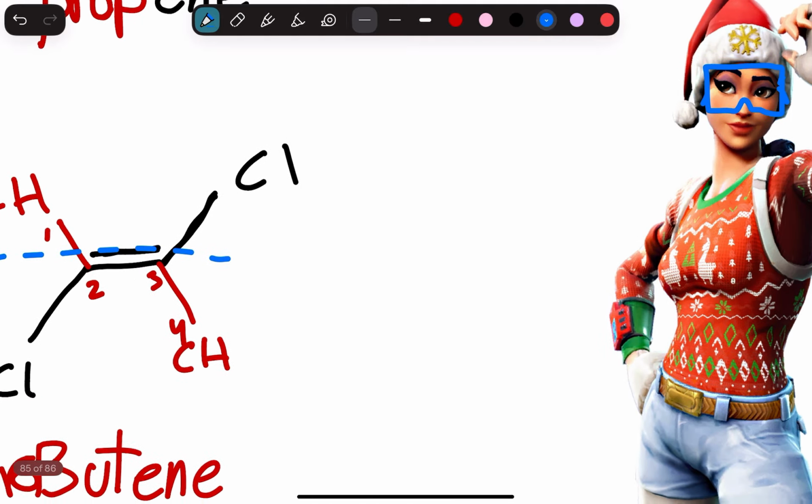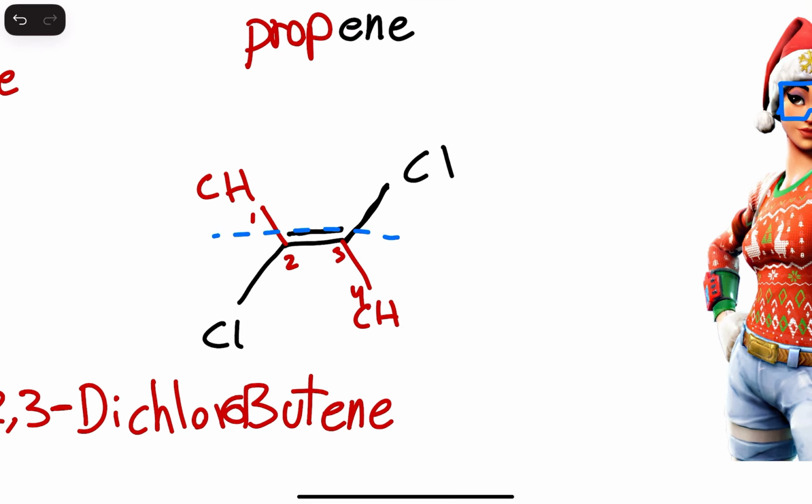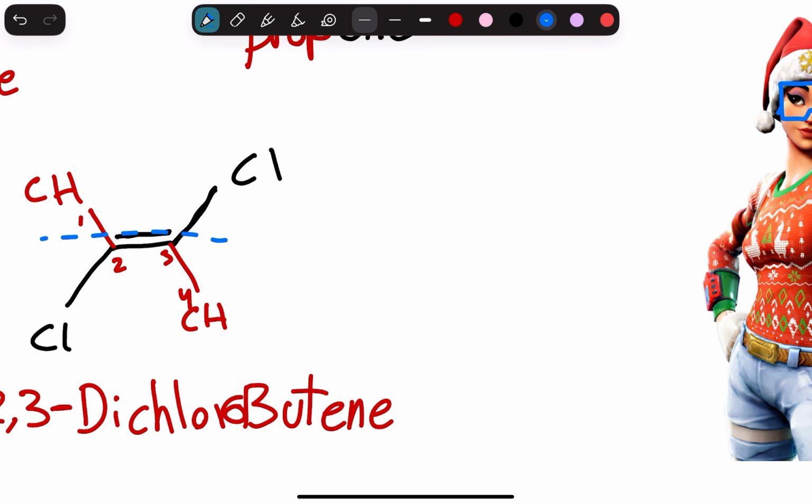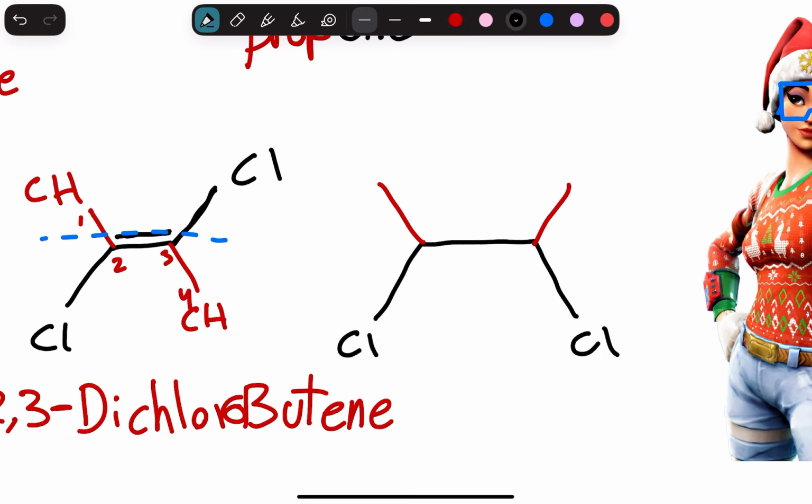And so if we do another example, it would look something like this. Our chlorine atoms are here and then our carbon atoms are over here.